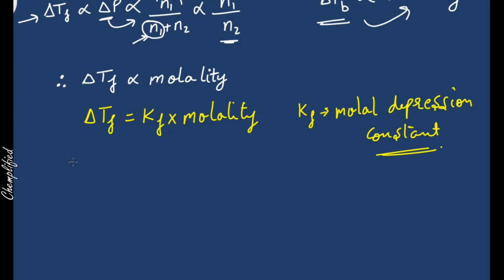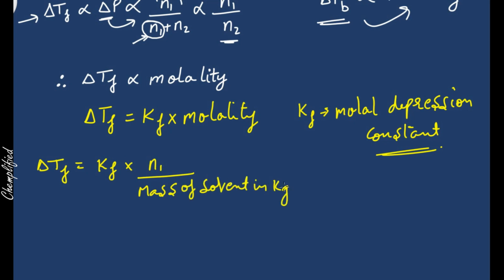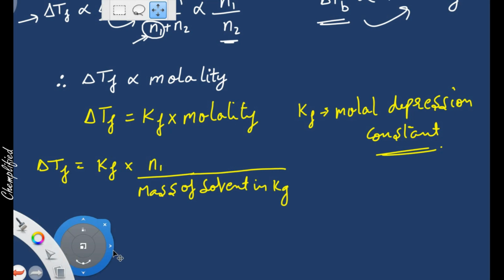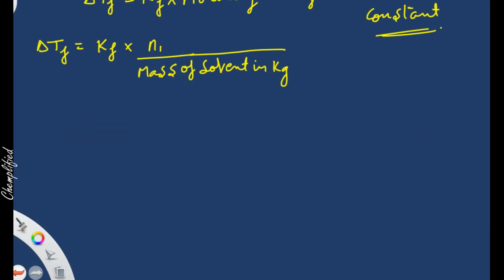Now what is molality? This is where our formula changes. Molality is the number of moles of solute, that is n1, upon mass of solvent in kg. Now, the formula changes as follows.